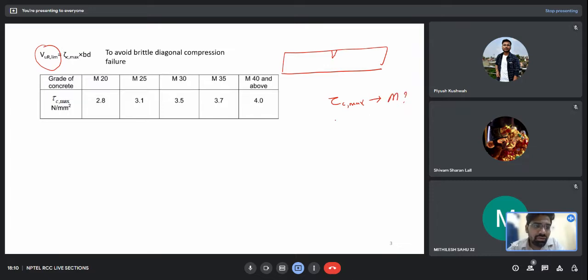But in the previous slide, the design shear resistance of the concrete depended upon the percentage of steel as well as the grade of concrete. Why is that? Can any one of you answer me?